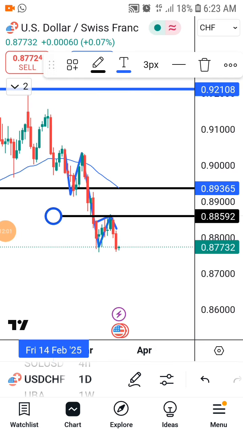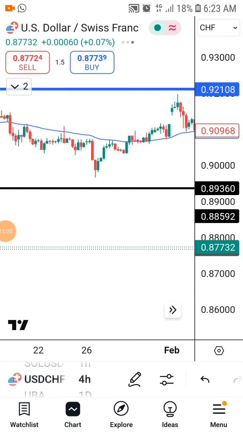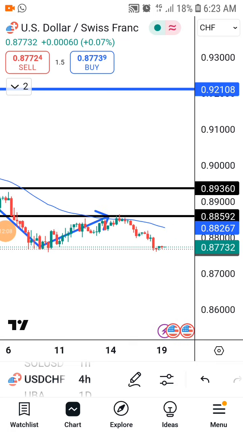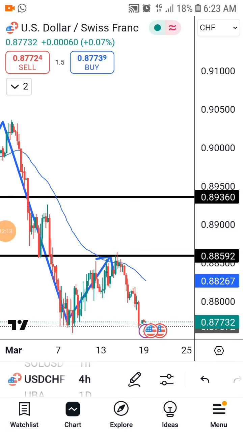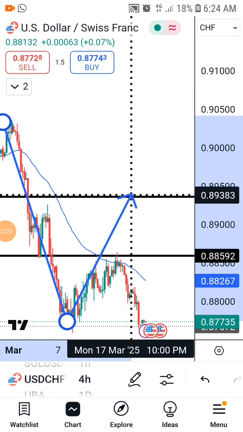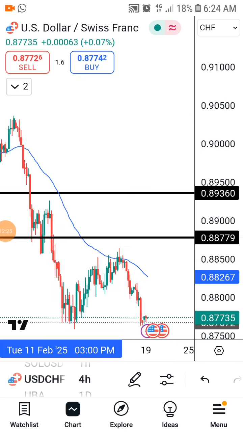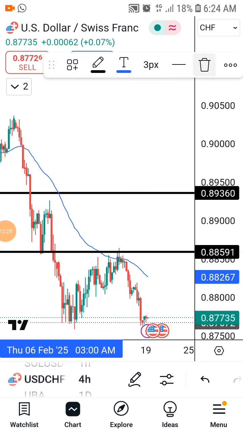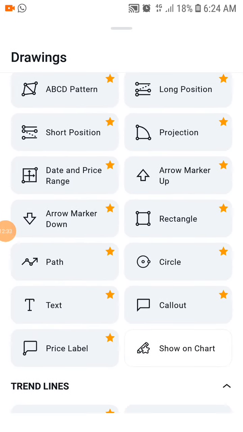So let's go back to 4 hours and see. Can you see? This is where it stopped, because if we break this structure, that shows that it has already changed character. At this point we have a support here. At this point, let me just mark it, we have a resistance here.